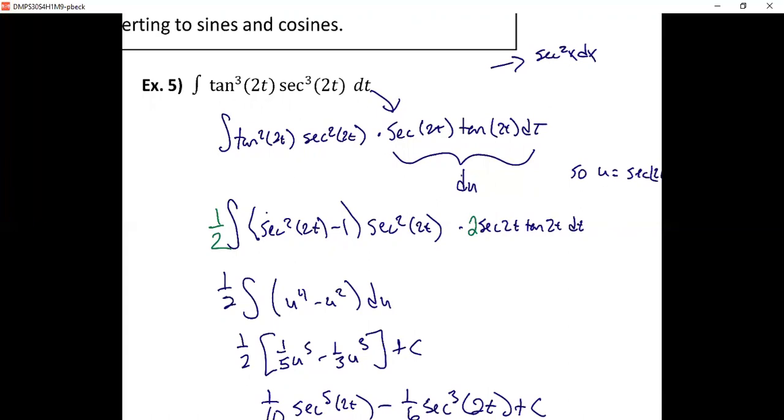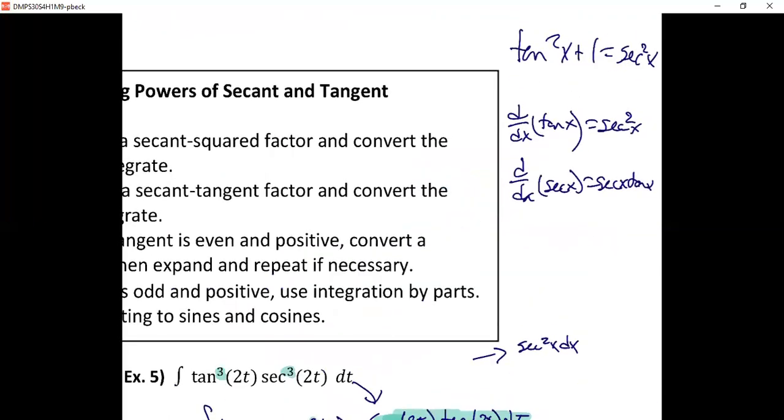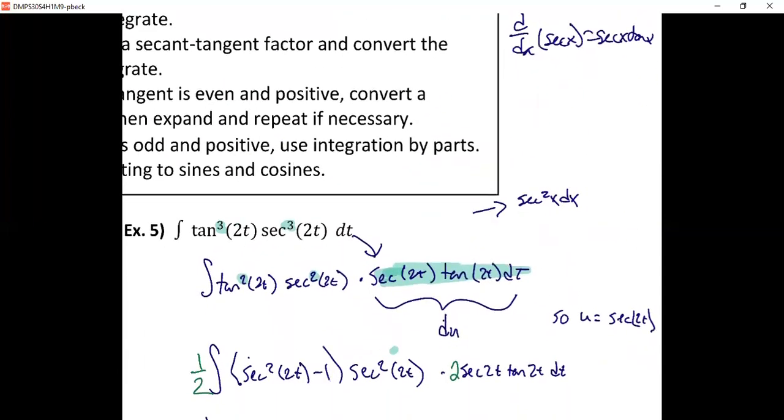Now, in this case, because both of these are odd exponents, by factoring out both the secant and the tangent, it turns these into even exponents. And remember, we want those to be even exponents so we can use the trig identity up here. So our goal is to turn everything into even exponents as much as possible and work with the derivative.